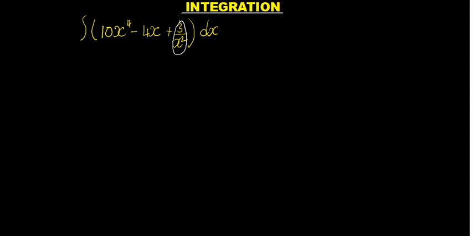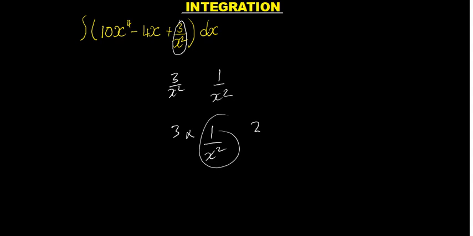We write the reciprocal of 1 over x squared. What I have is 3 multiplied by 1 over x to the power 2, so the reciprocal gives me 3 multiplied by x to the power negative 2. So this is going to be 3x to the power negative 2, so that it will be much easier for me to work with.